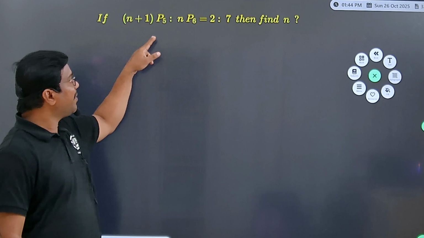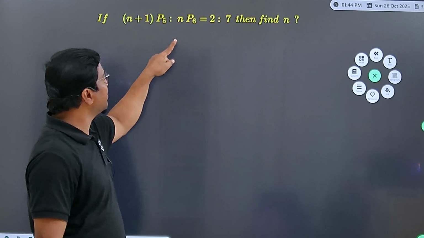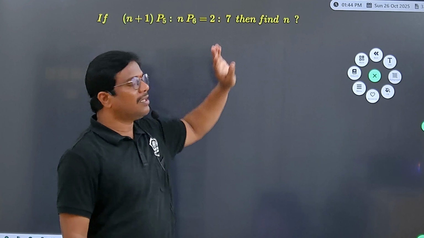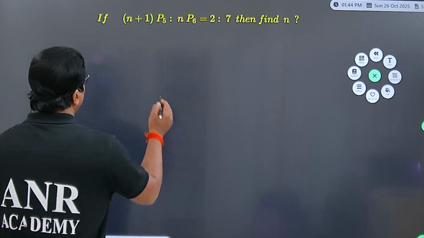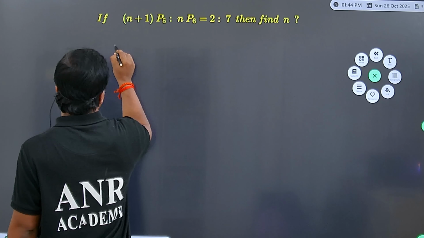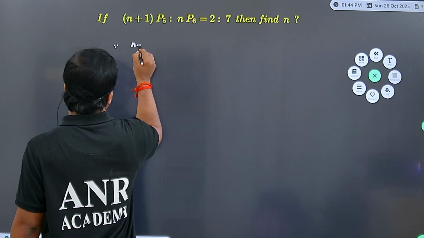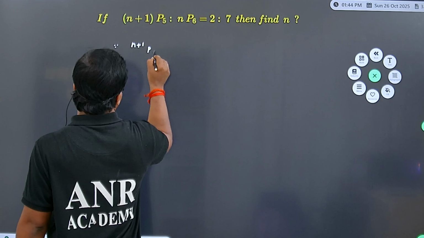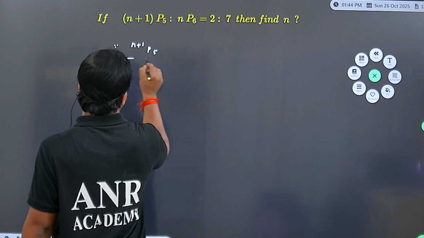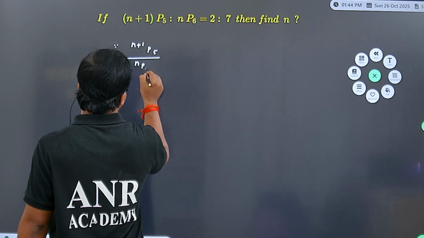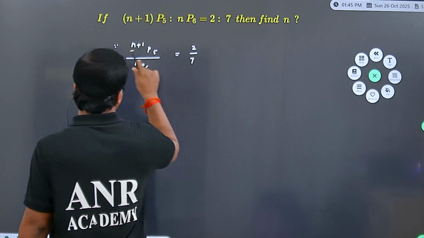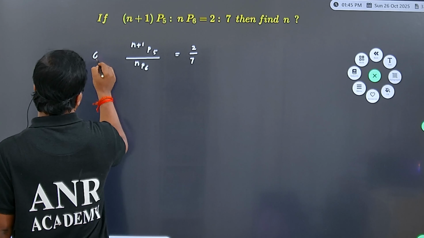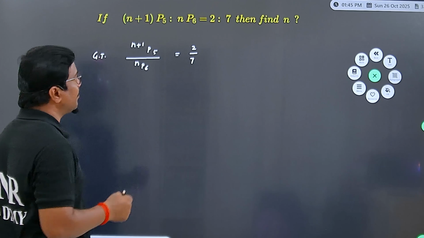n plus 1 P5 is to nP6 equal to 2 is to 7, then find the value of n. That is the question. Here, since n plus 1 P5 divided by nP6 equal to 2 divided by 7, this is given data, right?